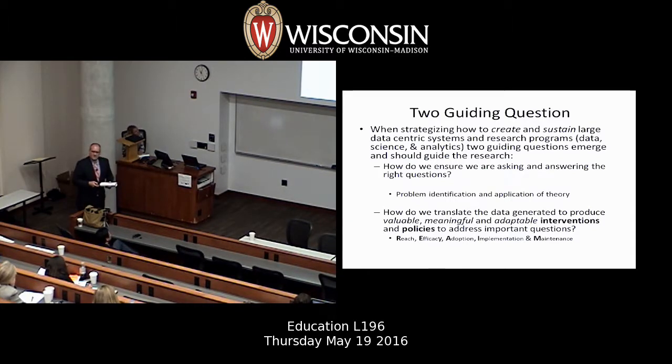And then obviously this question that we got now, a big buzz in the industry here, is knowledge translation. How do we translate the data generated to produce valuable, meaningful, adaptable interventions and policies that address important questions? But we have to know the questions before we can talk about knowledge translation.